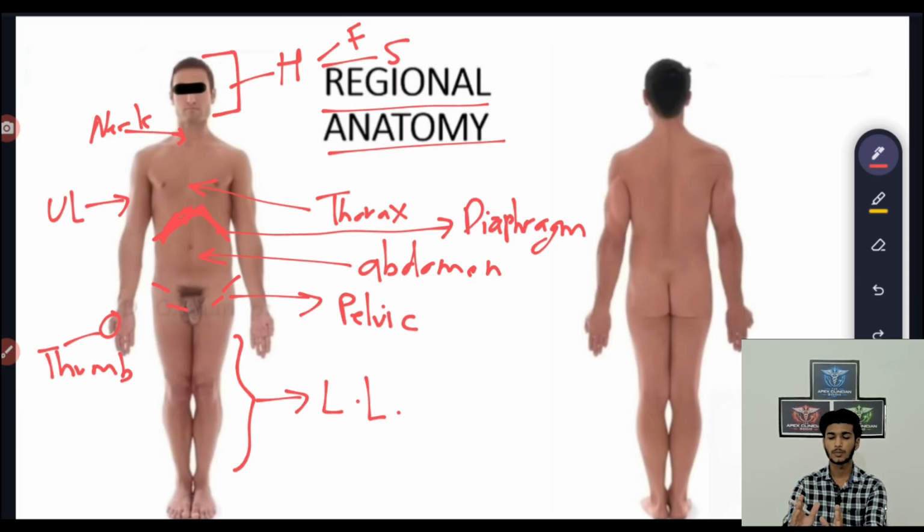So in the posterior parts, what we can appreciate is this upper structure that is called the back, and below the back, this region is informally called the buttocks region, but in anatomical language, we will call it the gluteal region.